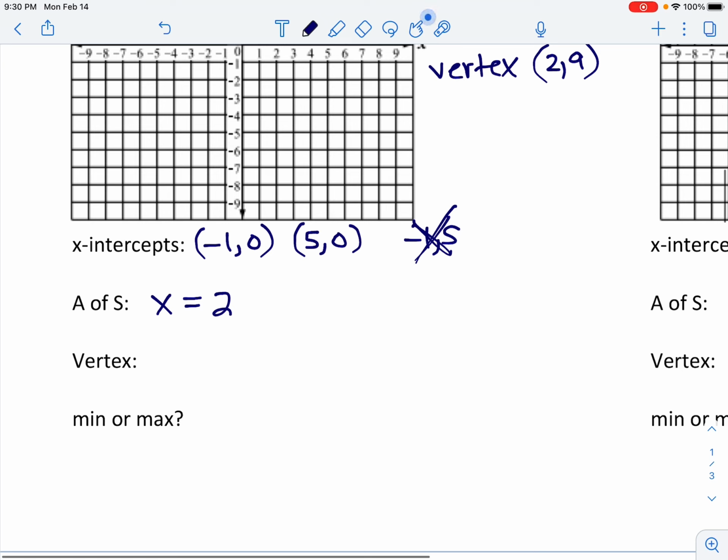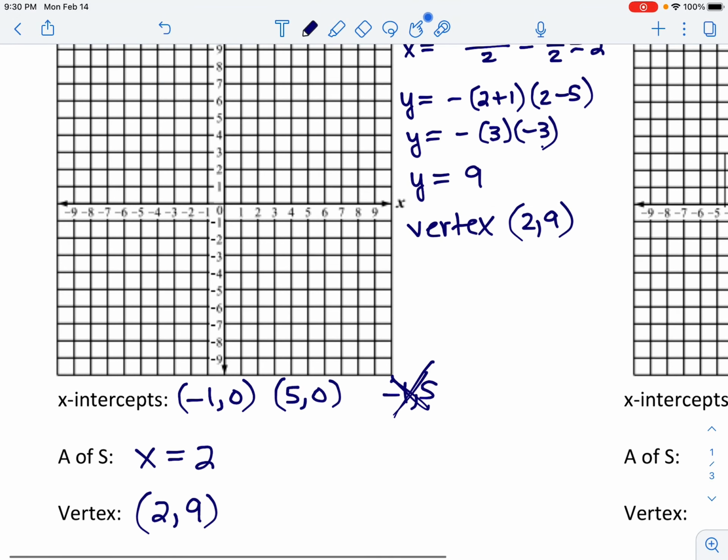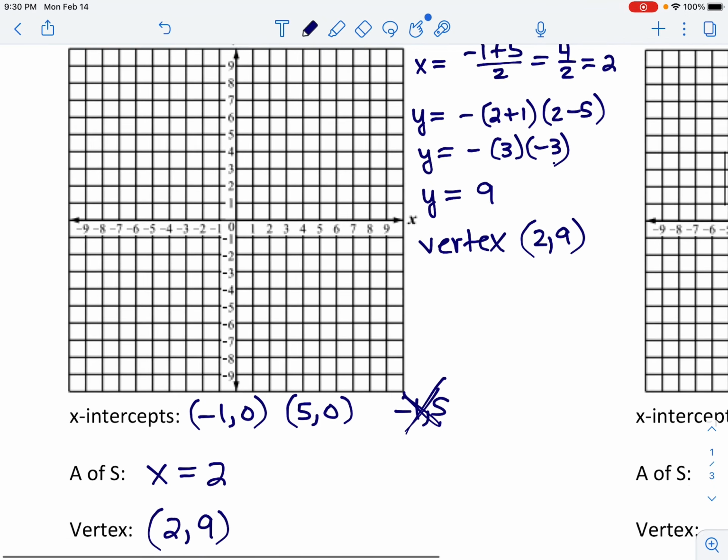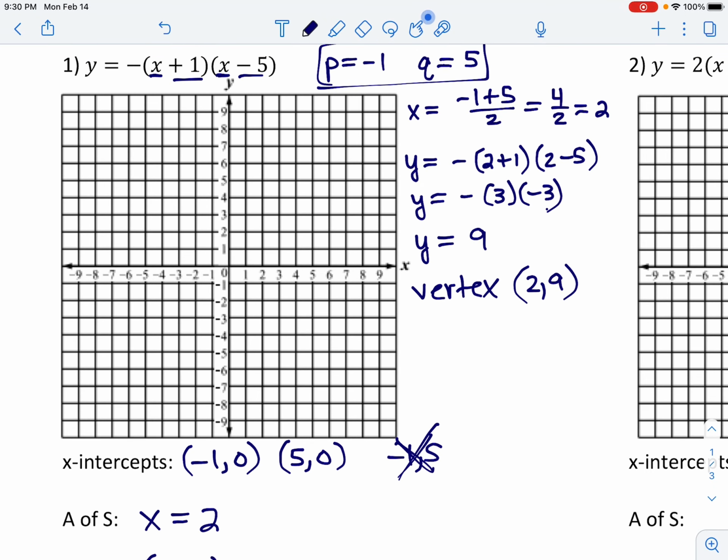And then our vertex is 2 comma 9. So let's plot what we know already. So 2 comma 9, I'm going to go over to 2. I'm going to go up to 9. Okay, there's your vertex. Then I'm going to plot my x-intercepts. So negative 1, 0 is going to go on the x-axis here. 5, 0 is going to go on the x-axis here.